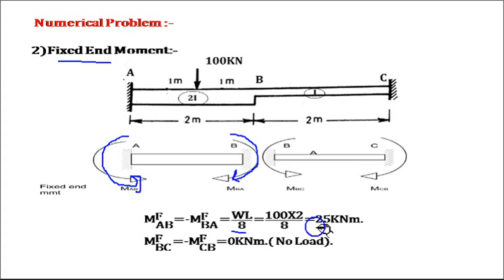If you put in the values, we get the fixed moment as 25. For member AB it will be plus 25 and for member BA it will be minus 25. The fixed moment for member BC, as there is no load, will be equal to 0.